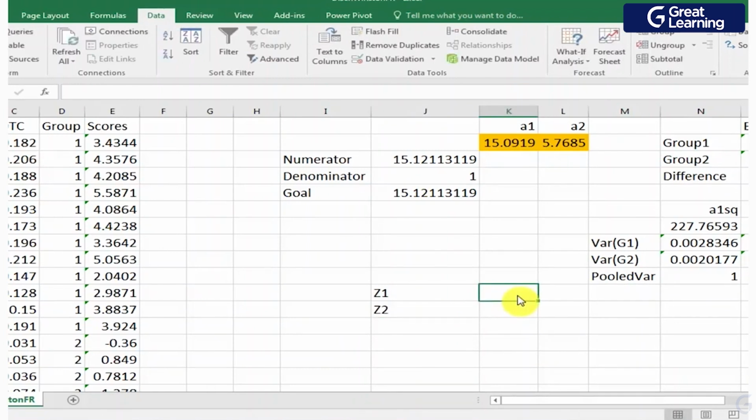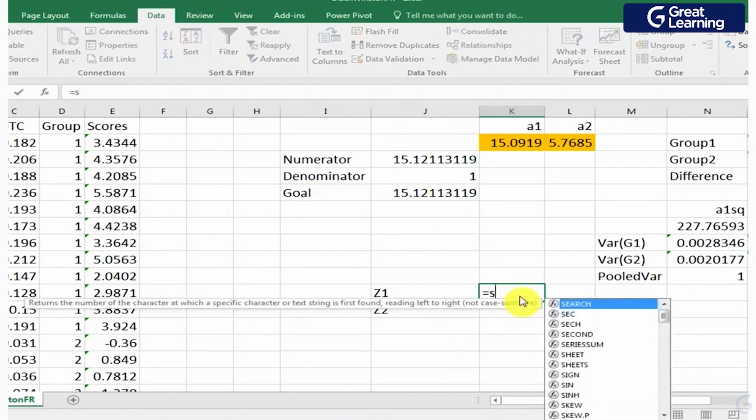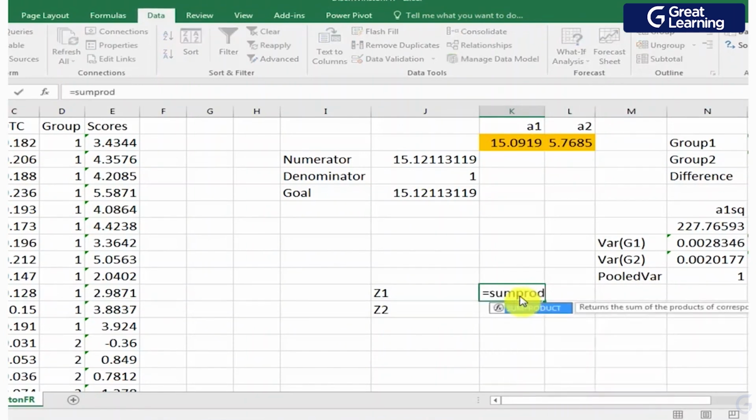Now, what is this score? Can anyone say? Equal to sumproduct, what is that expression there? A1 into x1 bar plus A2 into x2 bar for the first group. Am I correct? So, what are the means of the first group for x1 bar and x2 bar?